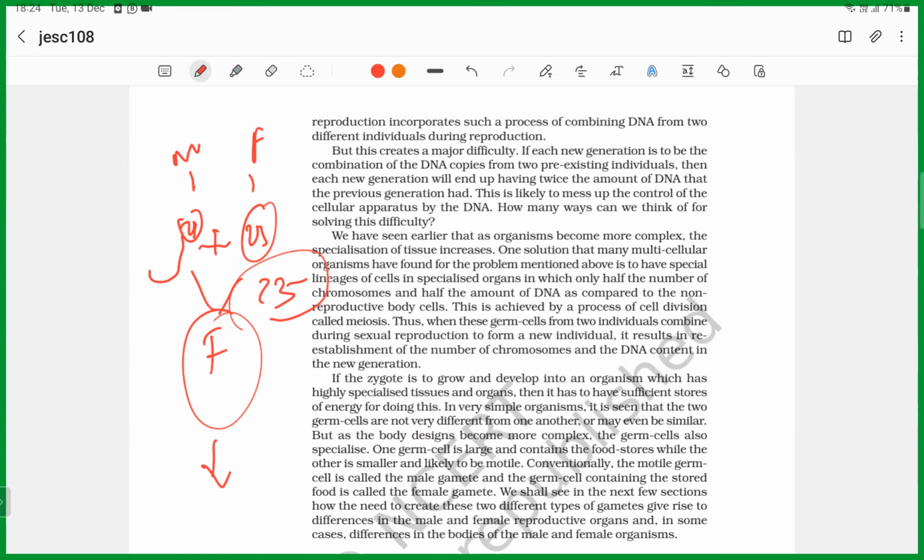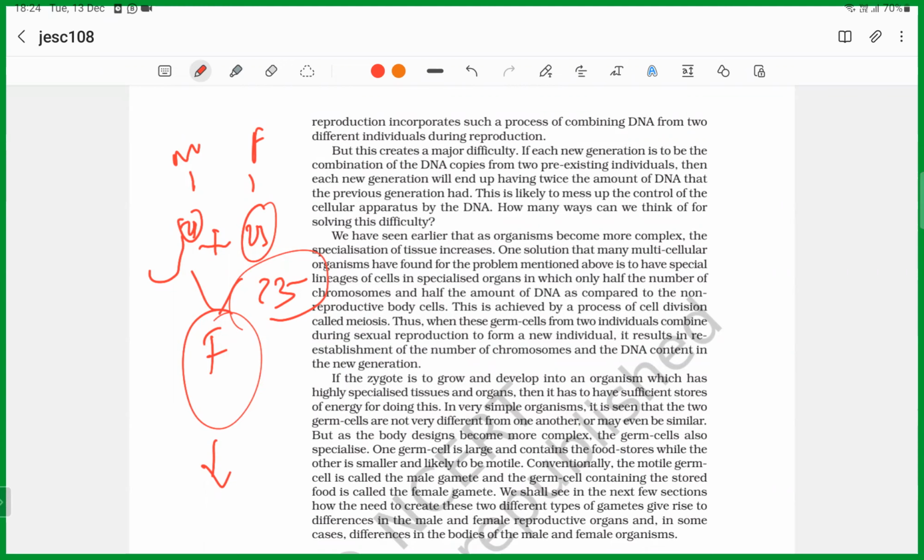Example: a human sperm cell can fertilize only a human egg cell. No other species' sperm cell can fertilize a human egg cell, because there is no genetic compatibility. That's very, very important. If the chromosomes from two gametes match, then only fertilization is achieved.